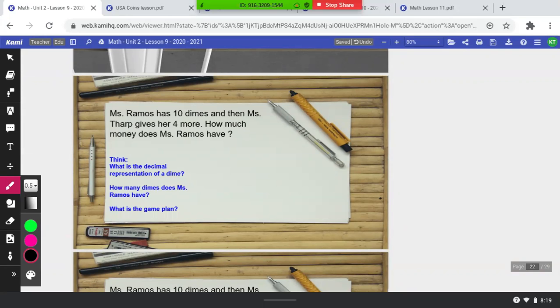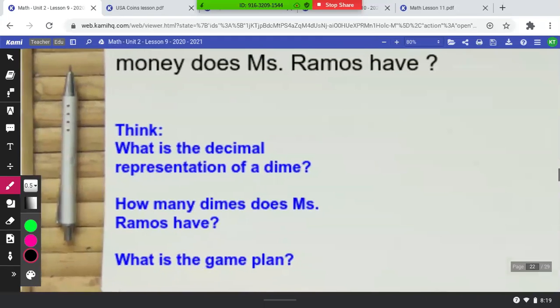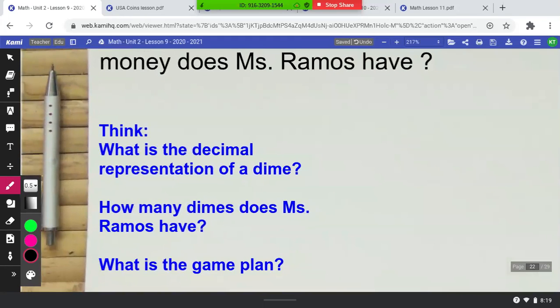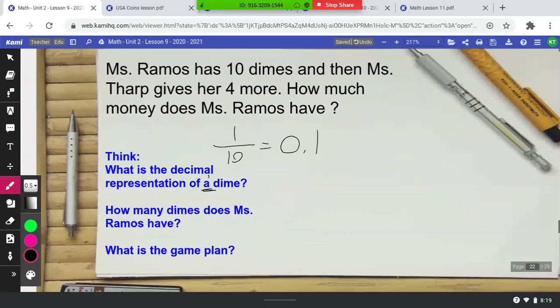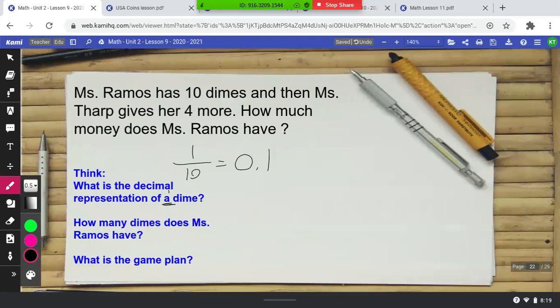So think, what is the decimal representation of a dime? We know that, we just did it. We need 10 dimes to make $1, but it says a dime. So that means one dime would be 1/10. How many dimes does Miss Ramos have?